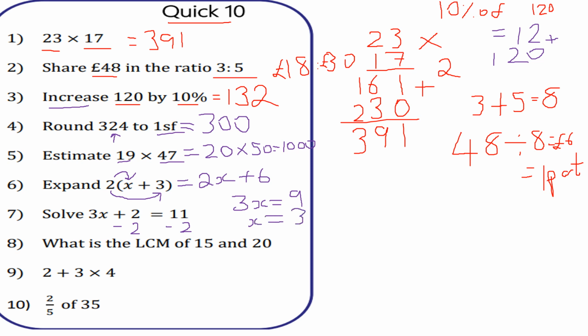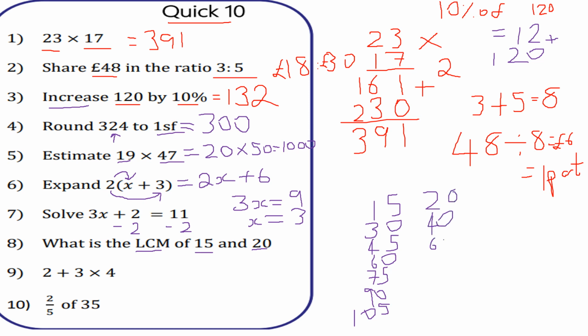Question number 8. What is the lowest common multiple of 15 and 20? It's the smallest number that appears in both times tables. So writing out the 15 times table: 15, 30, 45, 60, 75, 90, and then 105, and so on. And 20, 40, 60.